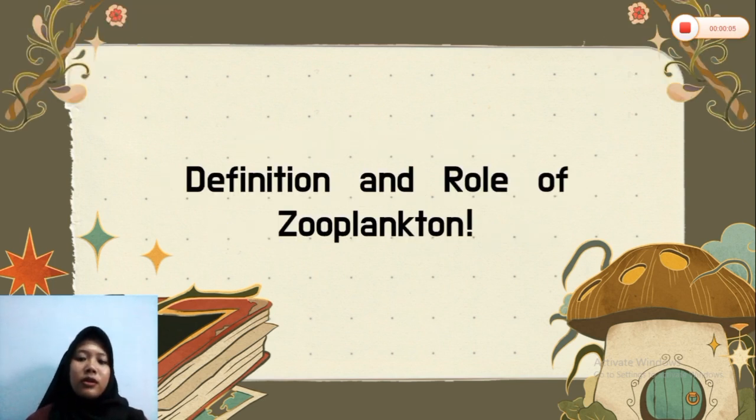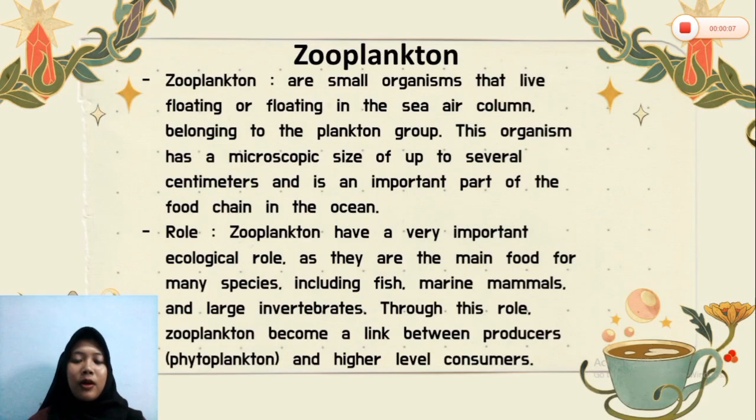Definition and role of zooplankton. What is zooplankton? Zooplankton are small organisms that live floating in the sea water column. Belonging to the plankton group, this organism has a microscopic size of up to several centimeters and is an important part of the food chains in the ocean.